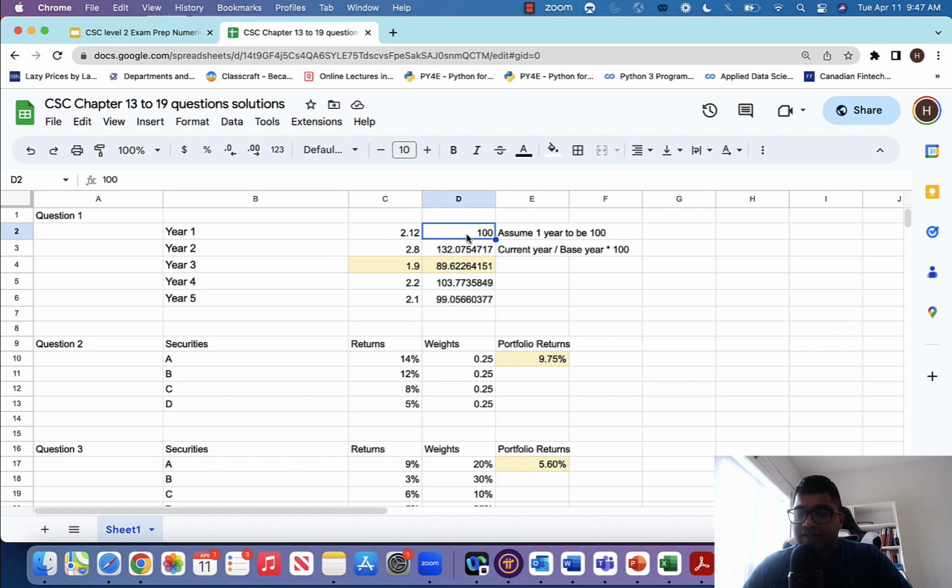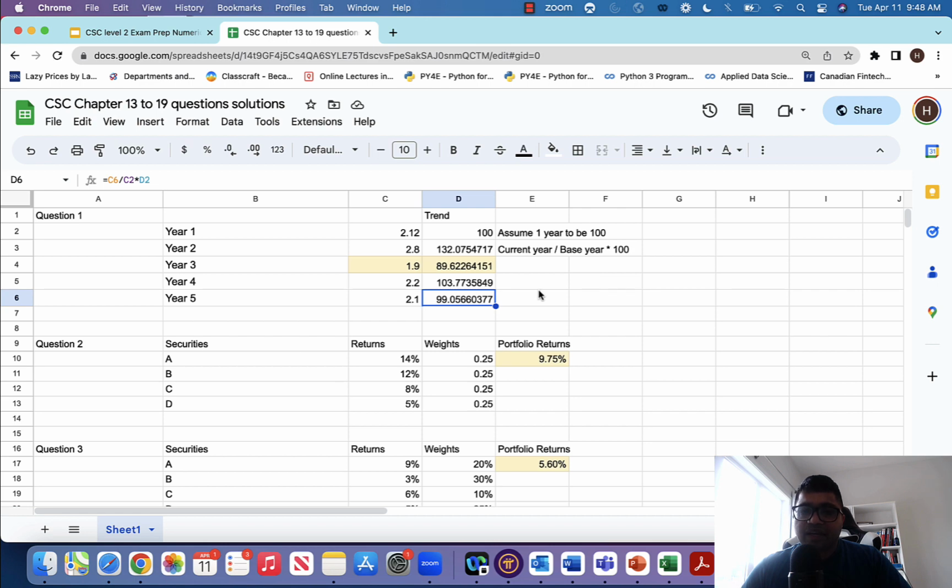So the numbers that you're getting are the trend numbers. The trend is 100 for year 1, which we always assume to be 100, then 132, 89, 103 and 99. Now in the exam, be very careful which year is year 1. Sometimes it's reversed, so year 5 could be year 1, that is, they represent it left to right or right to left.